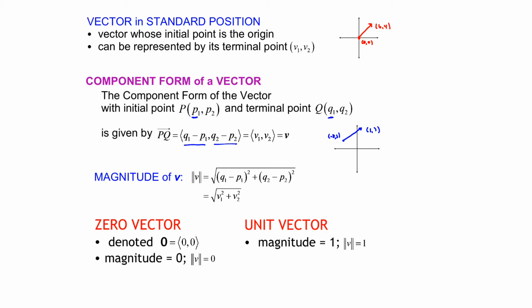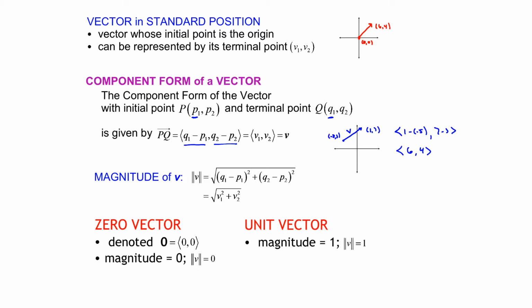What this would look like on our previous vector v is we would take the 1 and subtract negative 5, and then we'd have 7 minus 3, and so that would give us <6, 4>.